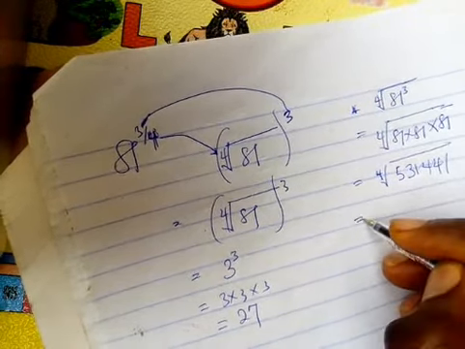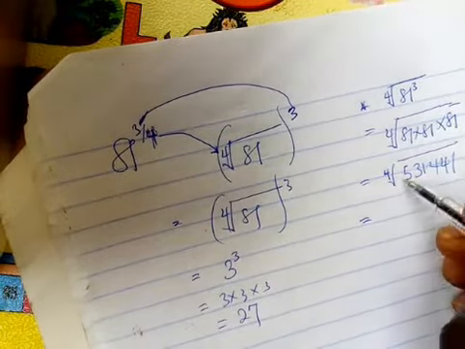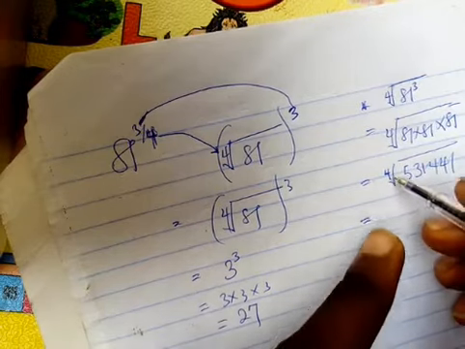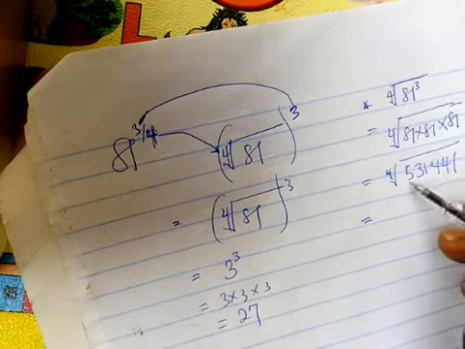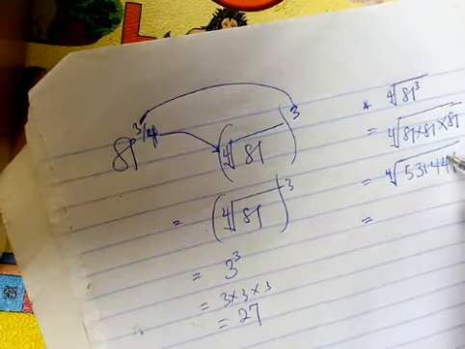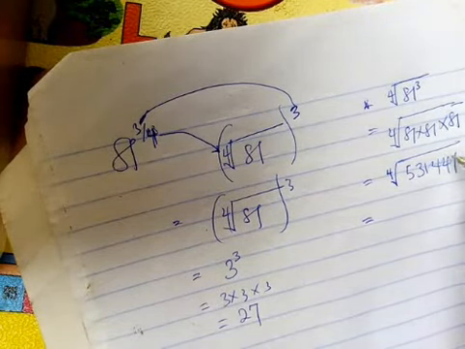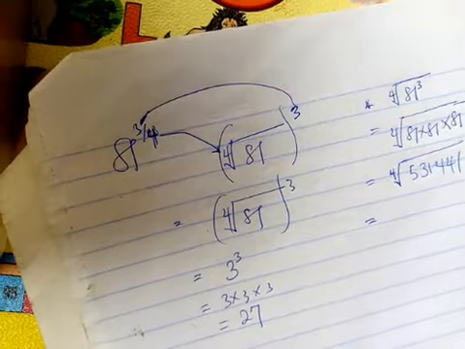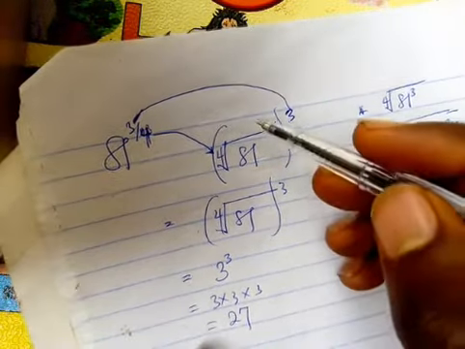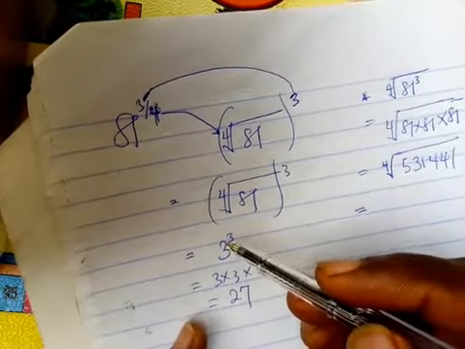531,441. So this now means, what number will you multiply together 4 times that will give you this number inside this root sign? You can see it becomes harder for you to solve. For instance, let's say you don't have a calculator with you, it's difficult for you to get this. You understand? So I recommend you use this method.